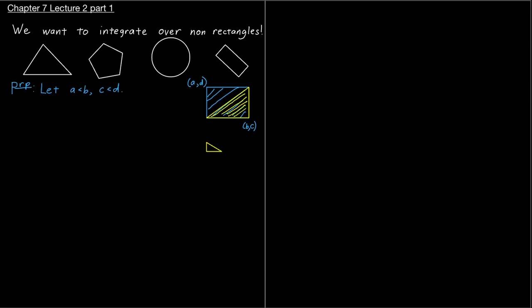We're going to show that you can integrate continuous functions over triangles, or at least these kinds of right triangles. So we'll start, T might be the bottom right triangle that I've drawn here.